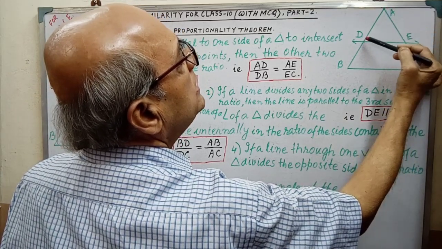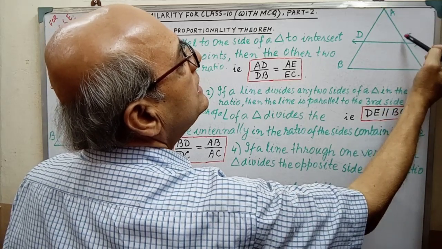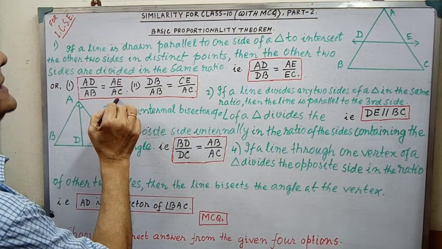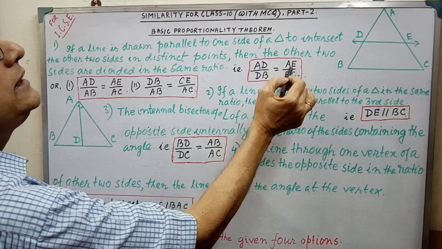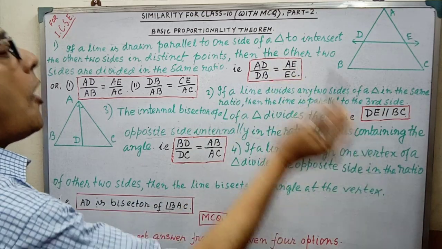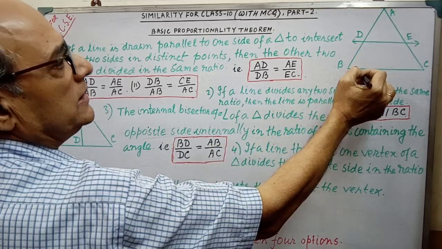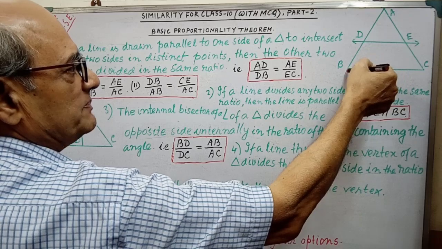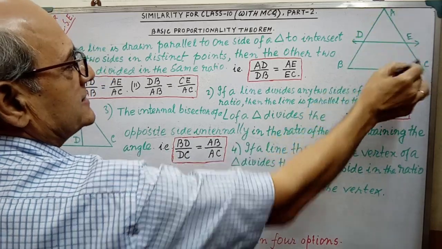That means AD by DB, this ratio will be equal to AE by AC. AD by DB and AE by AC. Or AD by AB and AE by AC. Another, that is BD by AB and EC by AC.